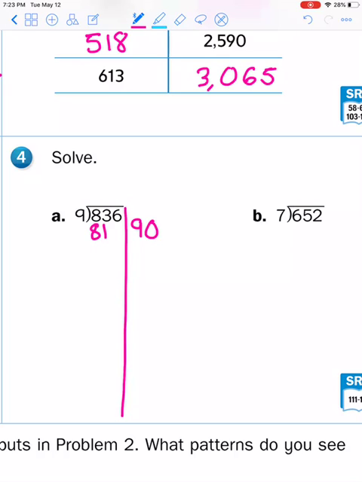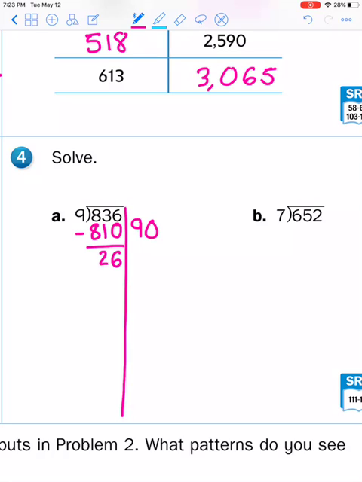So 9 times 90 must be 810. So now I'm going to subtract, and I get 6 minus 0 is 6, 3 minus 1 is 2, 8 minus 8 is 0. That gives 26.